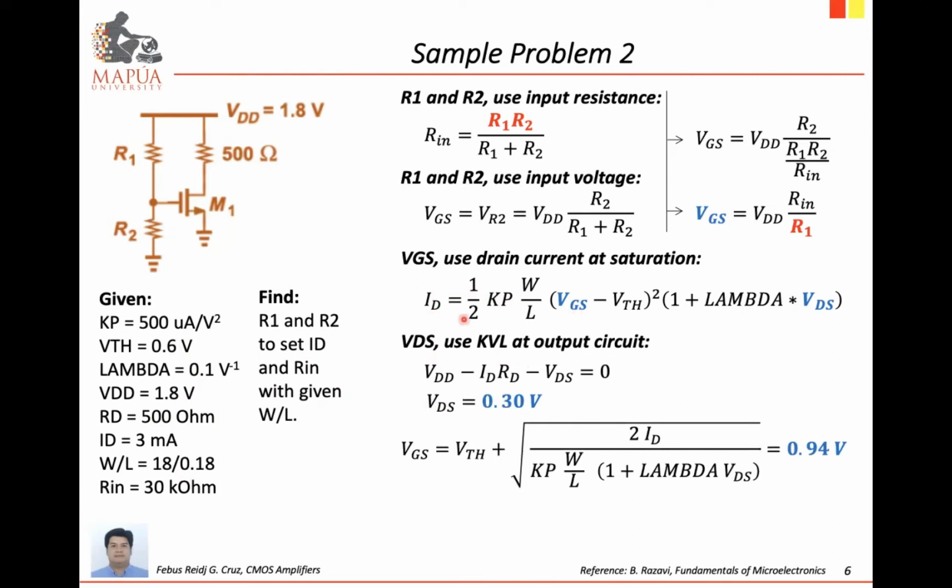You now have the square root of 2ID over KpW over L times 1 plus lambda VDS, then plus VTH. It is a square root because it was squared. So use this, then we solve VGS equal to 0.94. Then substitute here, you can now solve for R1. Then after knowing R1, substitute into this equation, you can solve for R2.